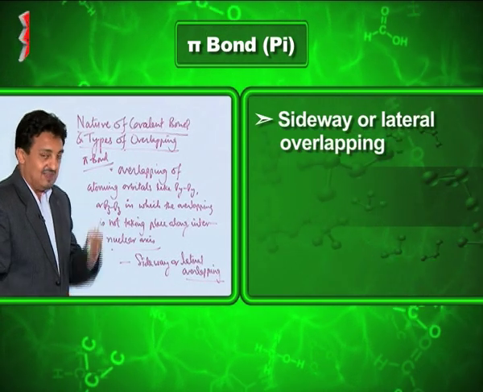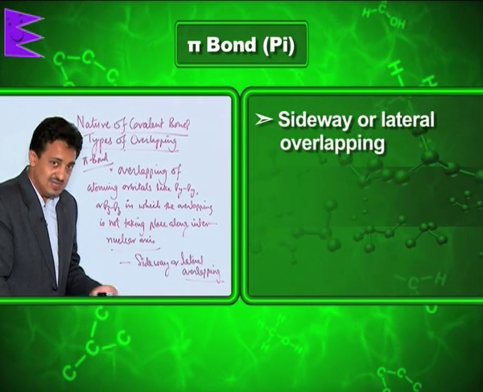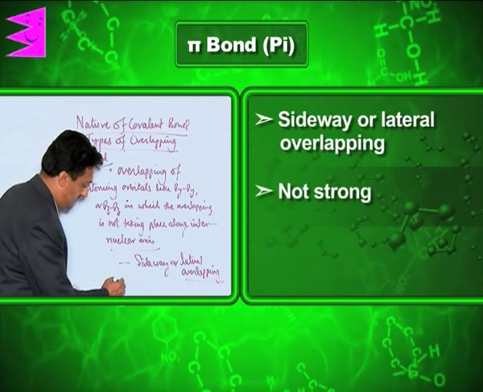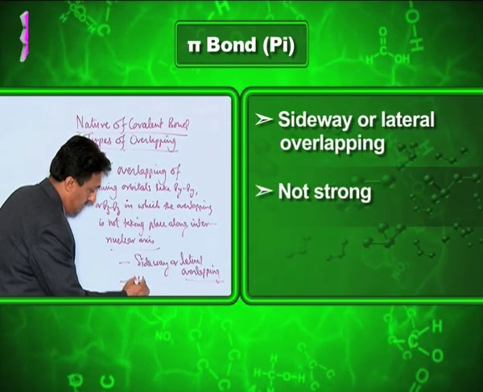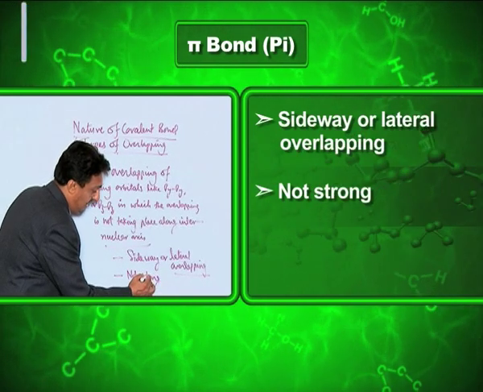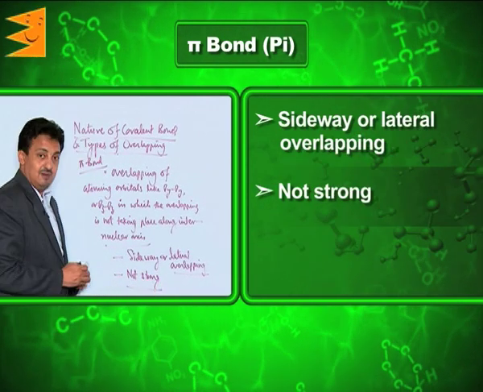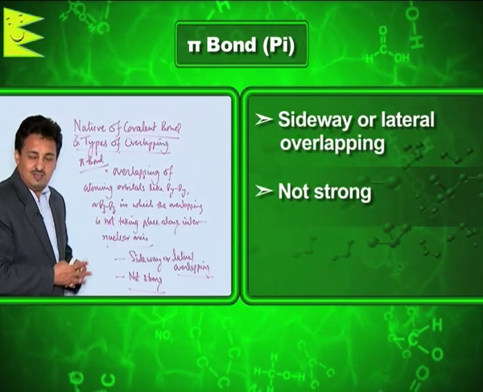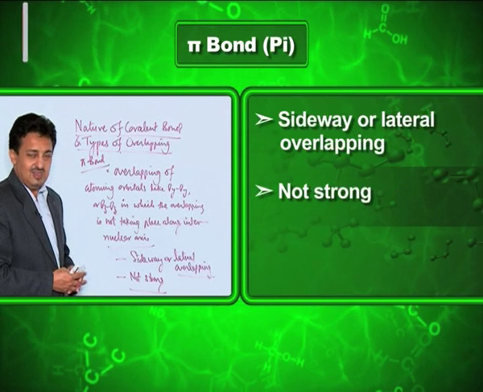So since the extent of overlapping is not very large, pi bonds are not very strong. They are not as strong as the normal sigma bond is, because the extent of overlapping is not very large.